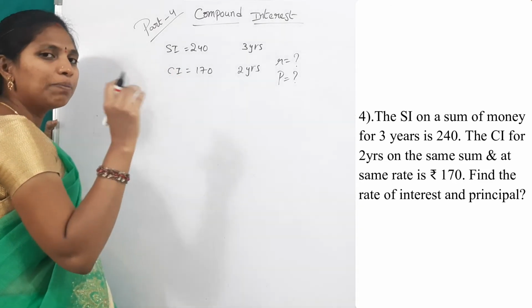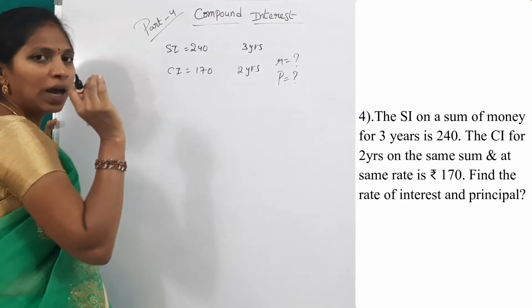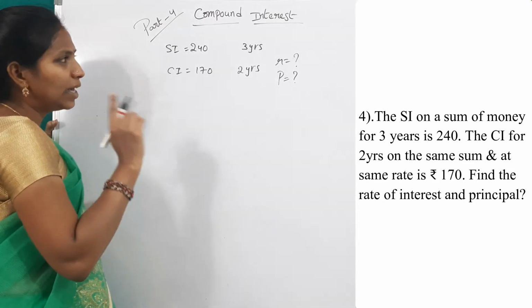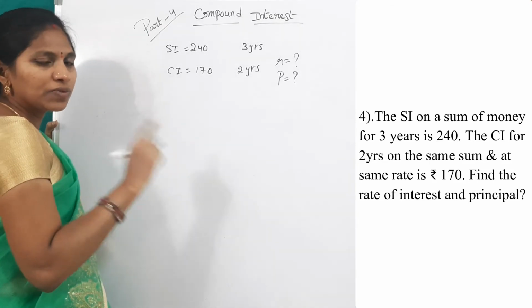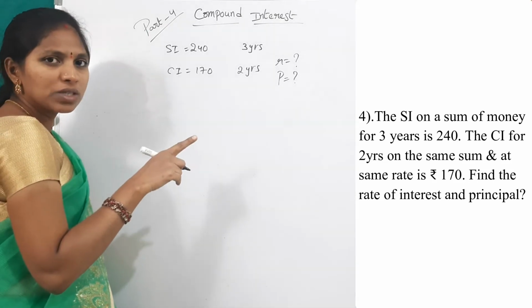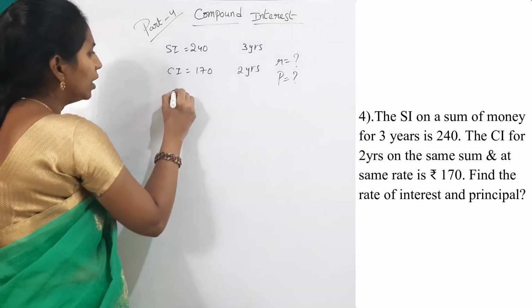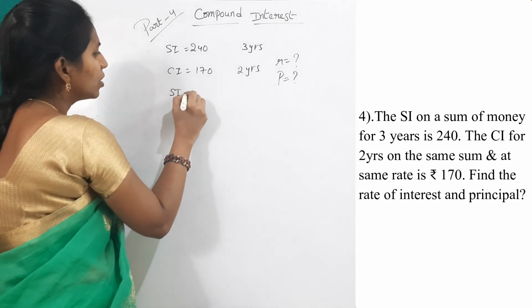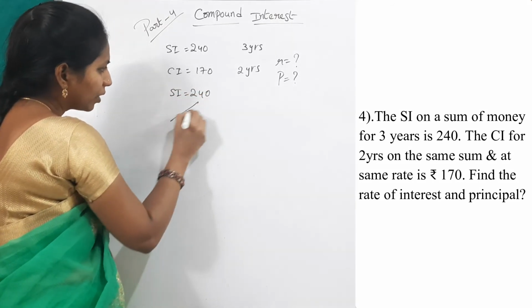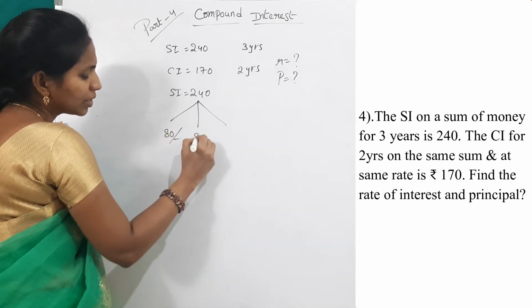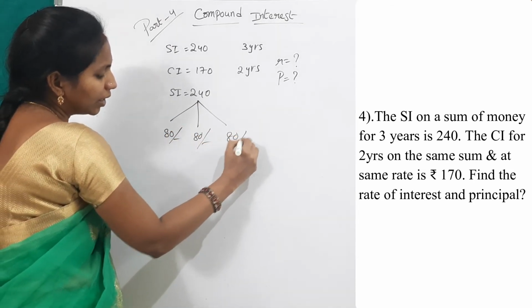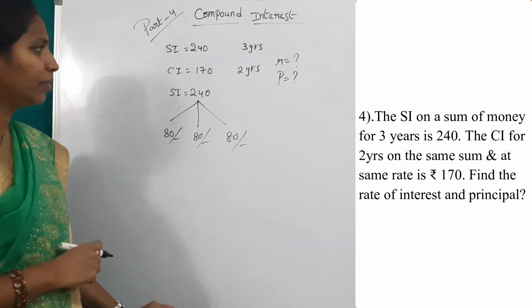So 80 rupees is simple interest for first year, again 80 for second year, again 80 for the third year.